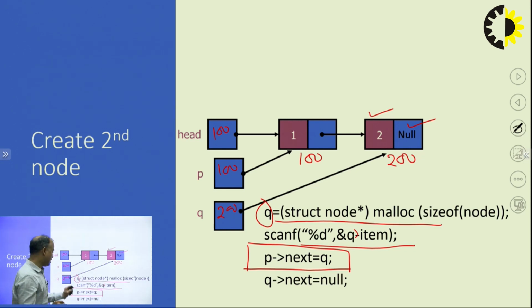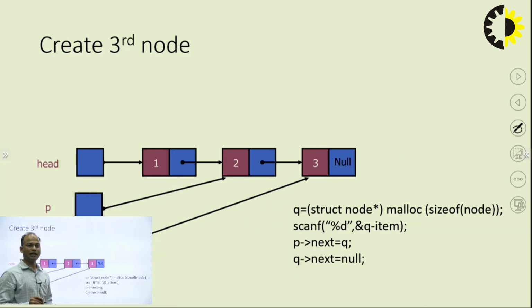So P means 100, next part of the first node 100 should be Q, and this Q is here 200. So therefore we can pass this value here 200. So after supplying these values here, we have created total 2 nodes, and we have given all the values to these 2 nodes, and we have also linked these 2 nodes. This process of creation of 2 nodes has been completed.